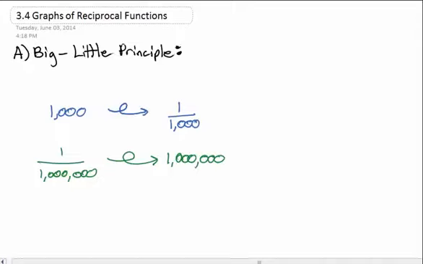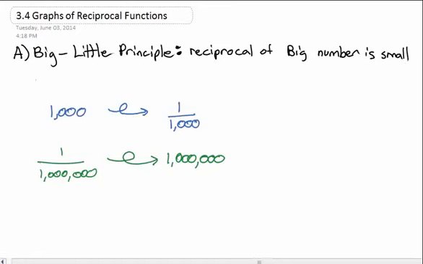The reciprocal of a small number is a big number, and the reciprocal of a big number is a small number. That's the big-little principle: the reciprocal of a big number is small, and the reciprocal of a small number is big.